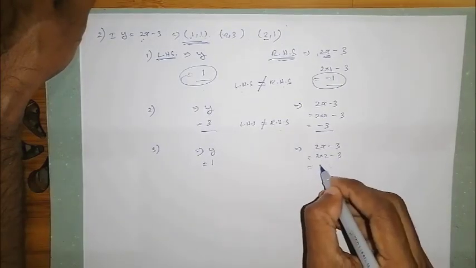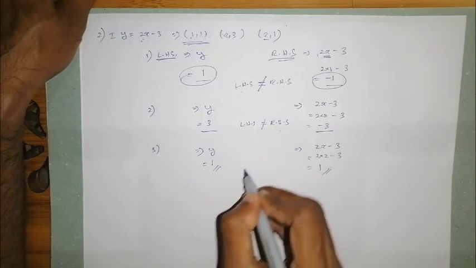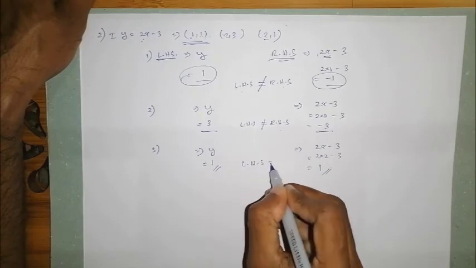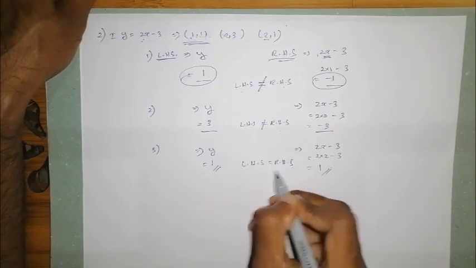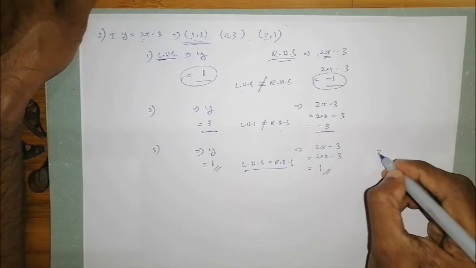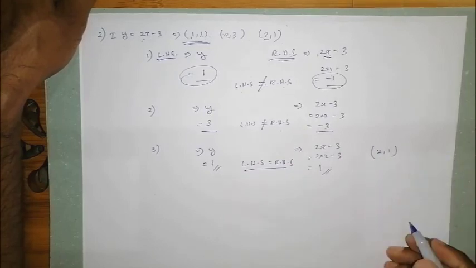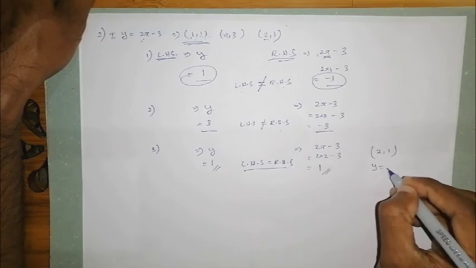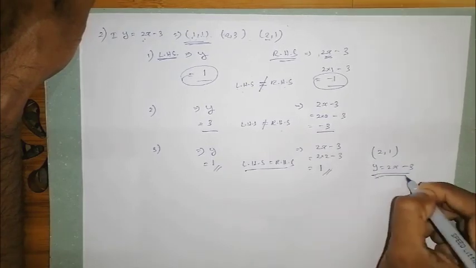So 4 minus 3 is 1. So LHS equals RHS, which means this coordinate satisfies this equation. So 2, 1 is the point. 2, 1 is the coordinate on the straight line y equal 2x minus 3.